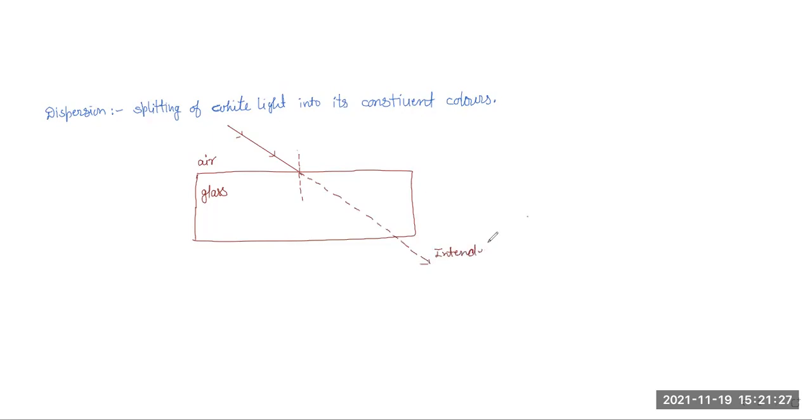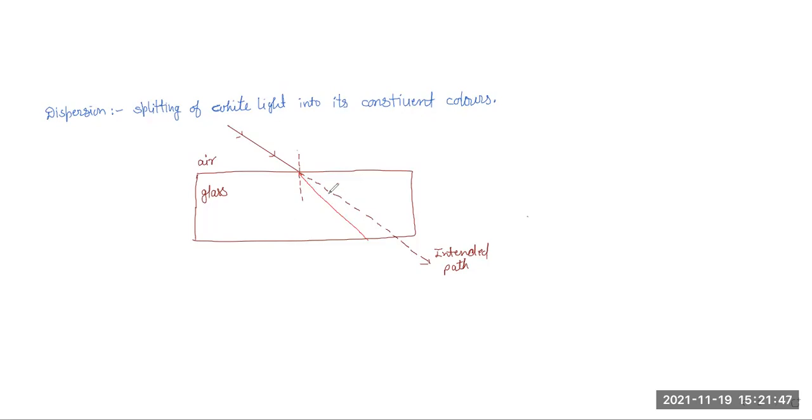What do you mean by intended path? Suppose if I remove the glass slab, the light will travel like this. But since we have introduced the glass slab, now something happens which is like this.